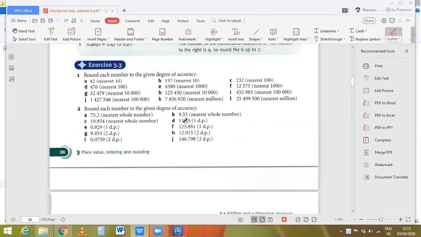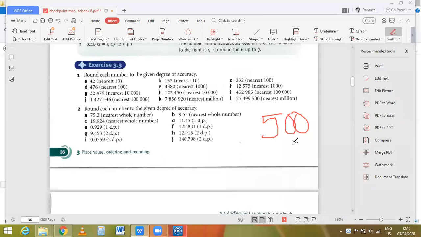What if we have like 500 or 450? It depends on the question.